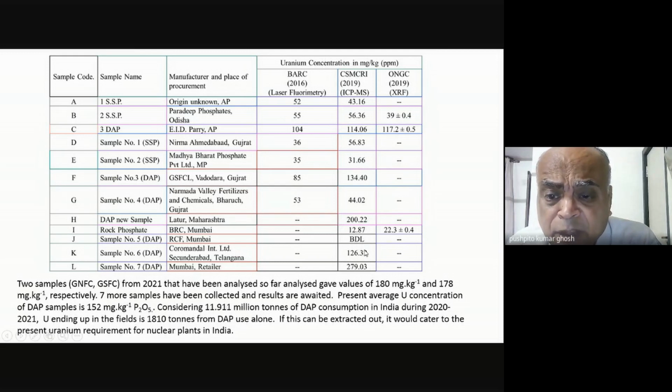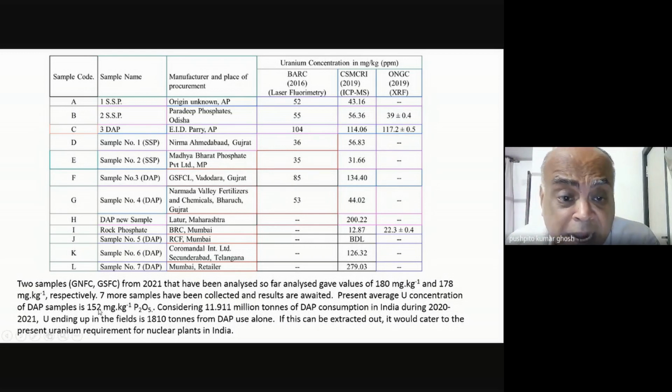Some of them had extremely high levels of uranium, but there was also one sample with no uranium. This happened to be from RCF when they were producing phosphoric acid and making fertilizer, and they had a tie-up with BARC, so maybe they had set up a plant to remove uranium. But it's not true now because they've stopped making phosphoric acid. They're just buying things, so the situation may be very different now.